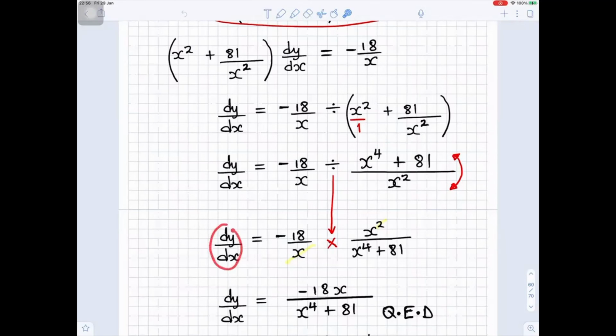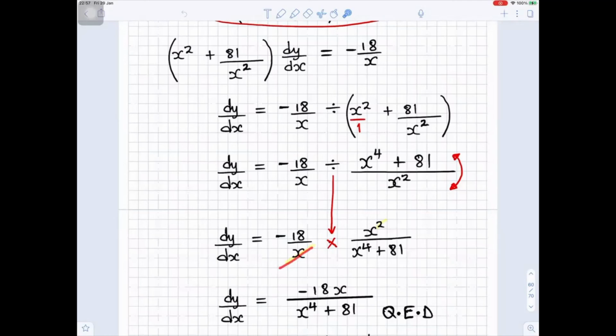Dy over dx now is equal to minus 18 over x. We change the divide into a times, and then we flip the fraction. The bottom goes to the top and the top comes to the bottom. So it becomes x squared at the top over x4 plus 81.